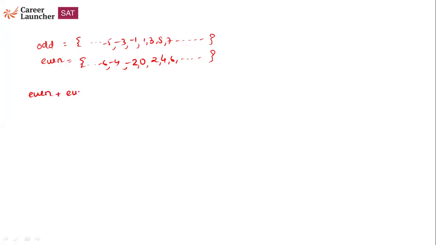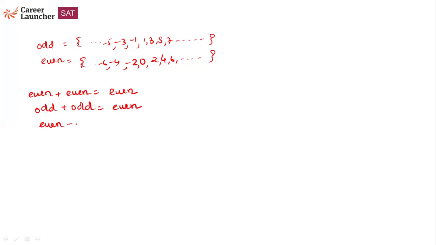What do we get when we add two even integers? Even. Always? Even. So even plus even is always even. What is odd plus odd? Even. Very good.